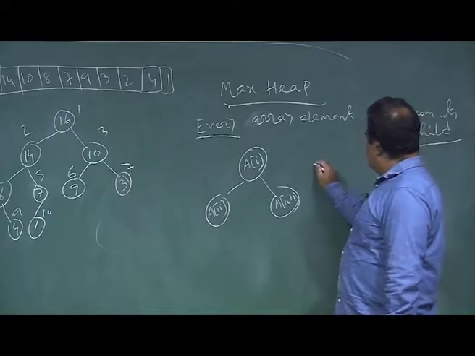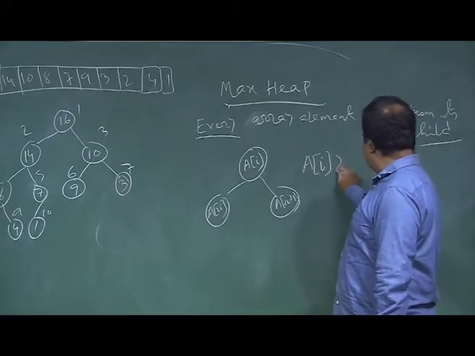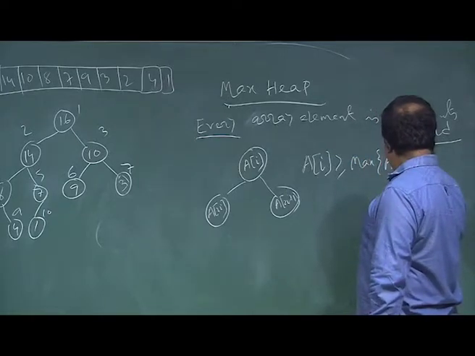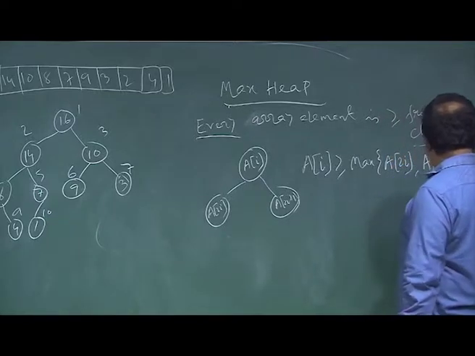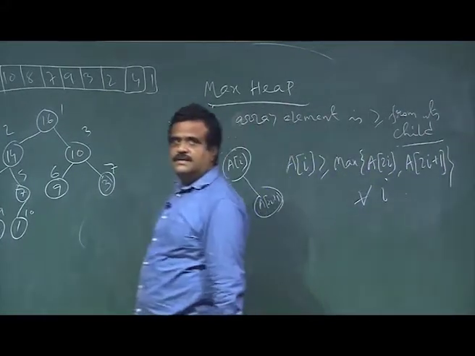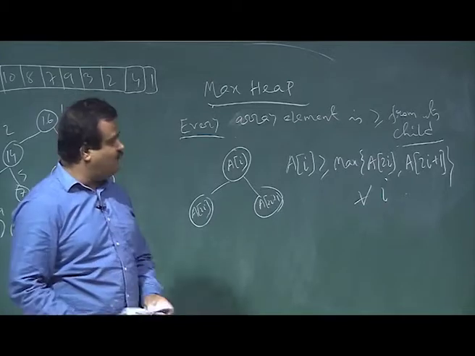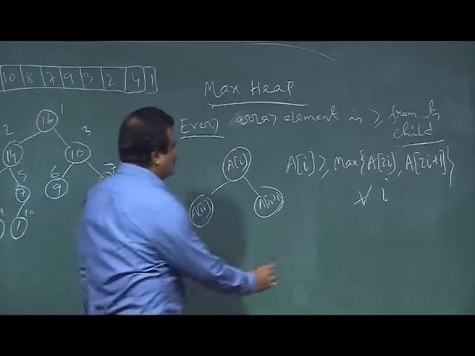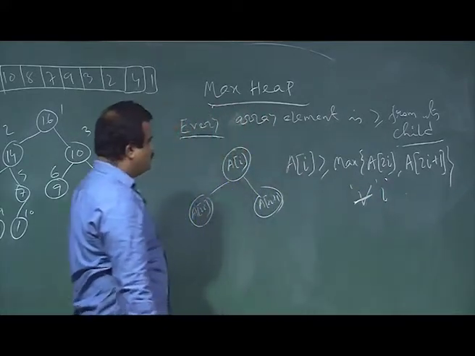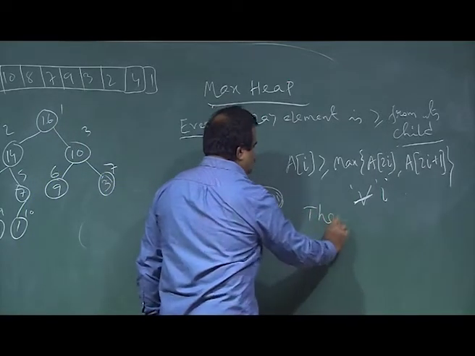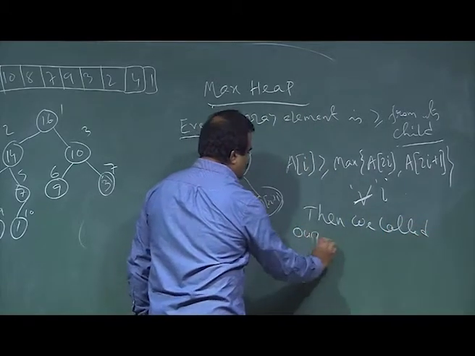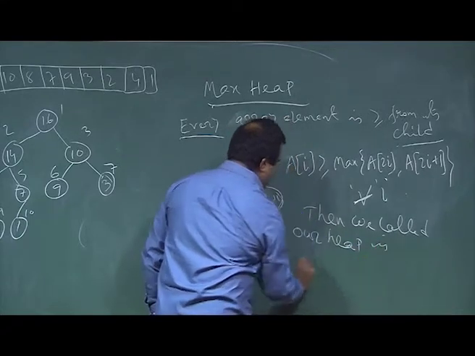That means a_i is greater than or equal to the maximum of a_2i and a_2i plus 1 for all i, where this is the symbol for all. If this is true for all i, then every element is greater than its child, and we call our heap a max heap.